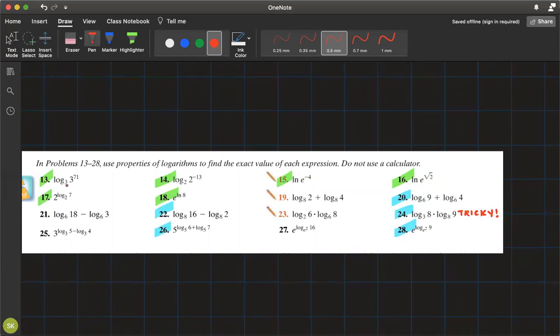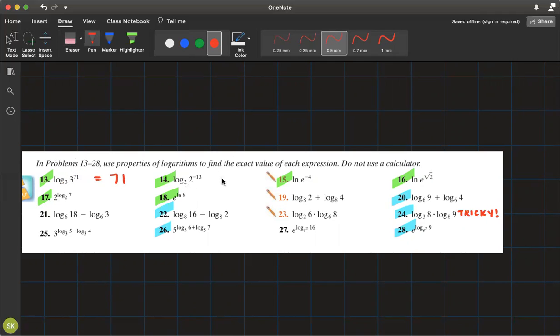So it says log base 3 of 3 to the 71. Now look back at those rules, make sure you have copied them down, and see which one this looks like the most. Notice that I have the same base here as this number here. So what you do is you just cross it out and you're left with this 71. So this is just equal to 71.